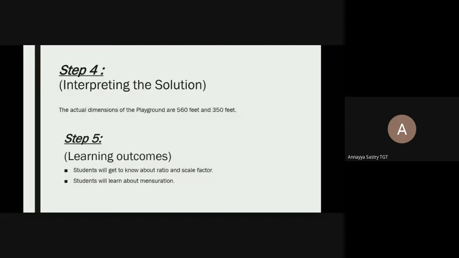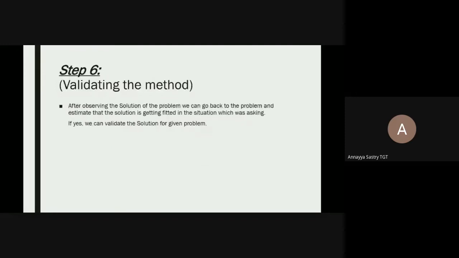And the learning outcomes: students will get to know about ratio and scale factor, and they will also learn about mensuration. Thank you. And by validating from creating such drawings or models, we can go back to the real problem and estimate the solution, whether it fits the situation or not.